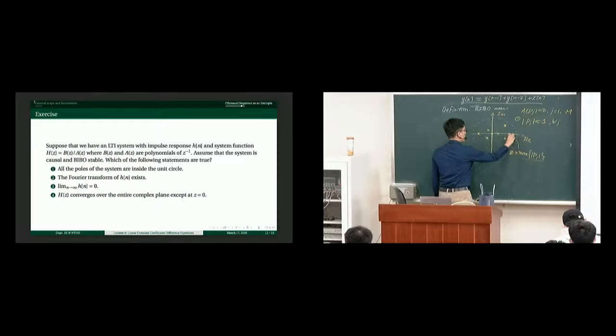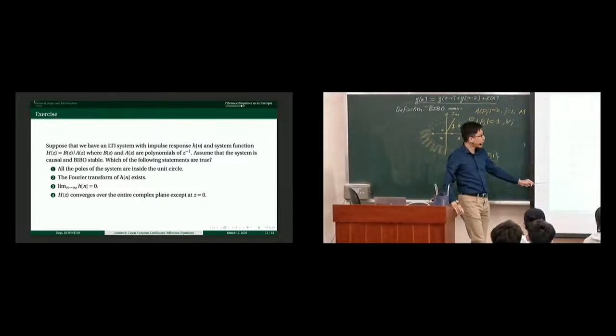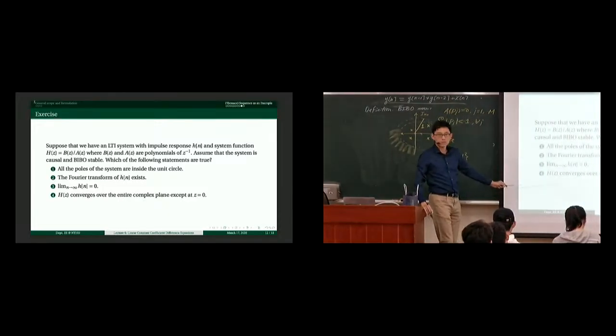Since every pole is inside the unit circle, which has radius 1, our region of convergence is outside the biggest circle. It is not the entire plane except z equals 0. This is definitely wrong.